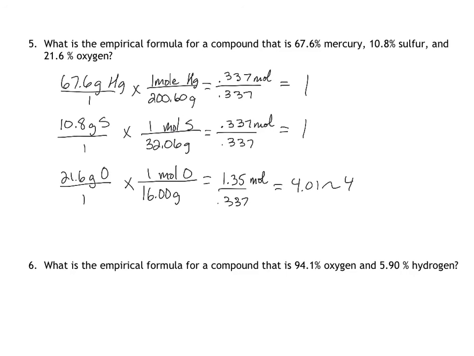So my empirical formula for this compound is going to be Hg, and I'm going to have only one of them. Sulfur, I'm going to have 1. And oxygen, I'm going to have 4. HgSO4.